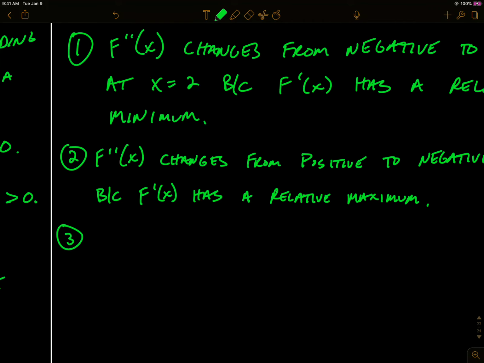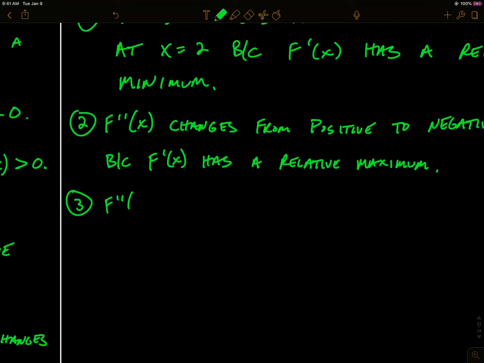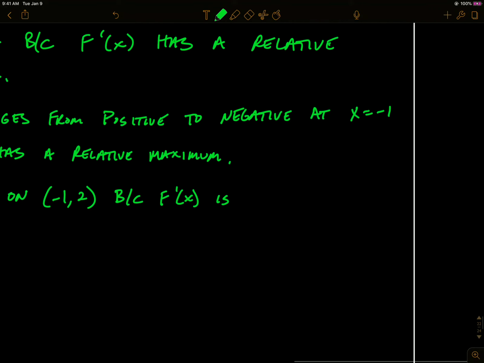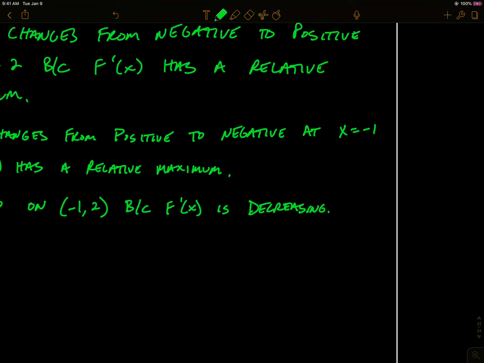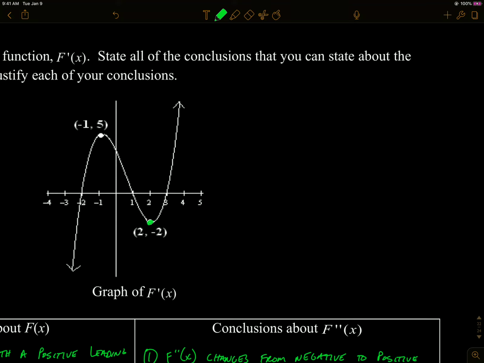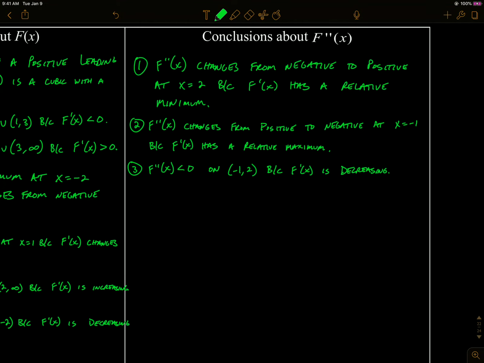It's just the vice versa idea. We know that the second derivative is negative on the interval negative 1 to 2 because the derivative is decreasing. Again, that's just the relationship between a function and its derivative. Wherever this function is decreasing, its derivative must be negative. So that's why we know the second derivative is negative, because the derivative is decreasing.